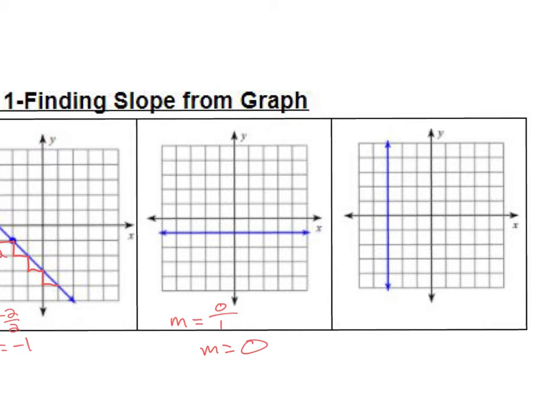No change, it's no rise, but it's all run. Whereas over here with the straight up and down, you could say it's a rise of 1 over no run. This is where we can say we can never divide a number by 0. So we're going to call this slope undefined. Okay, so that's a look at finding slopes from graphs.